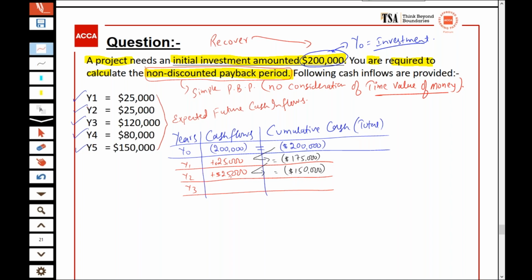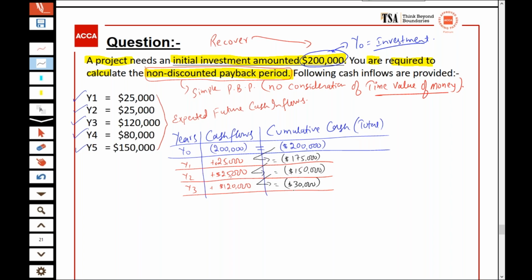If in the next year I have $120,000 positive, then minus 150 plus 120 is equal to minus 30.